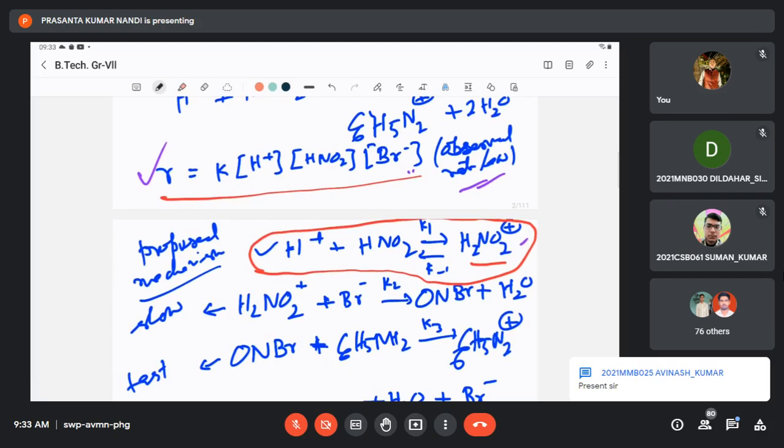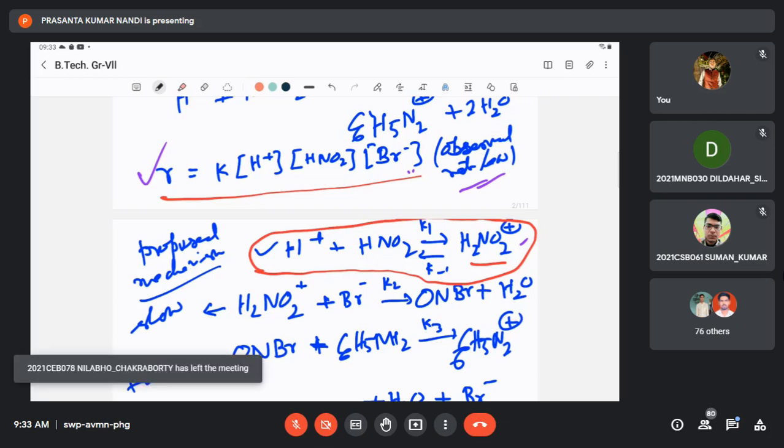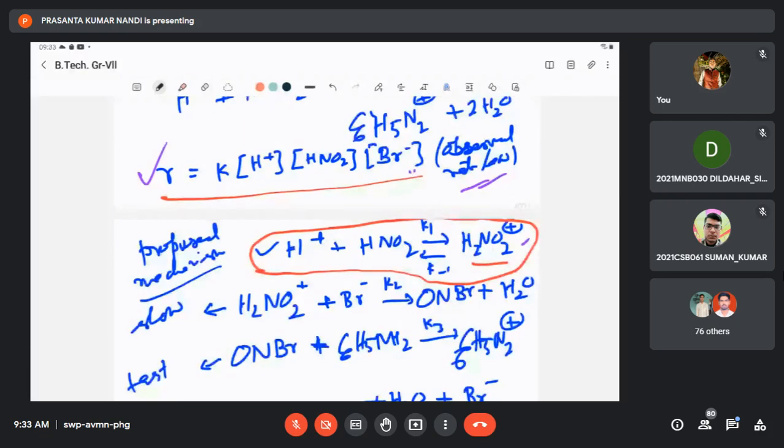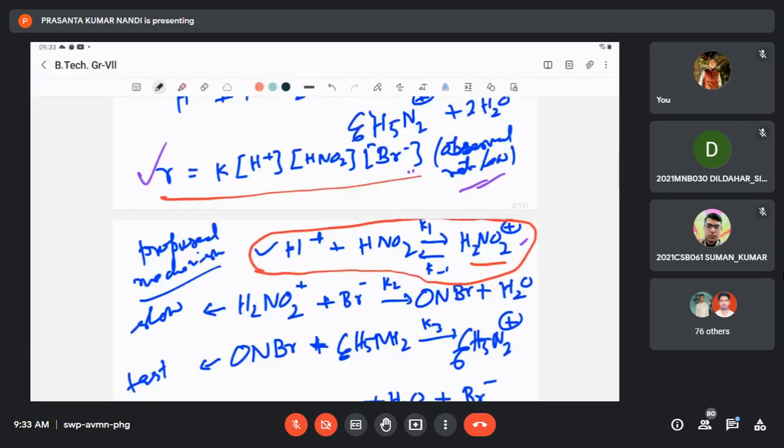This is a reversible step. The forward rate constant is denoted by k1 and the backward by k-1. This is a very fast reaction, the first one.